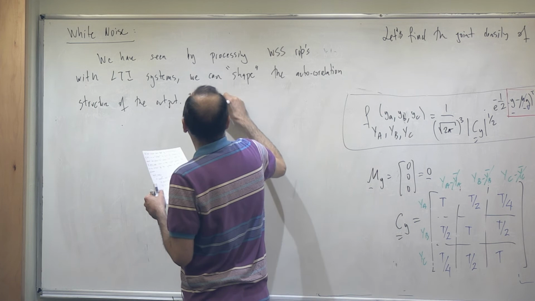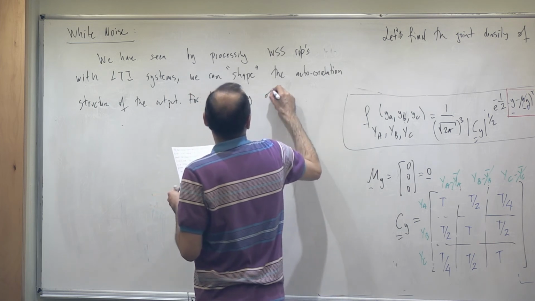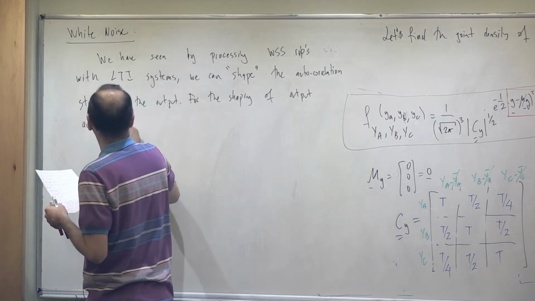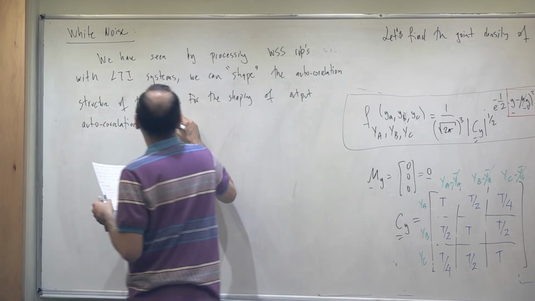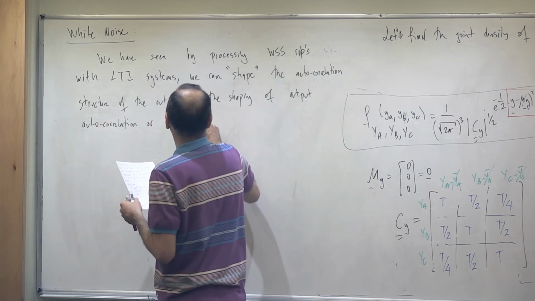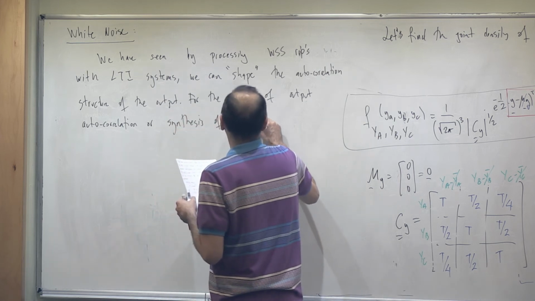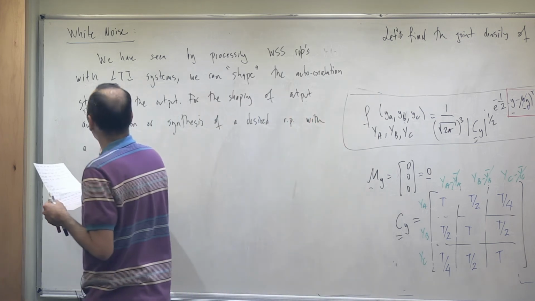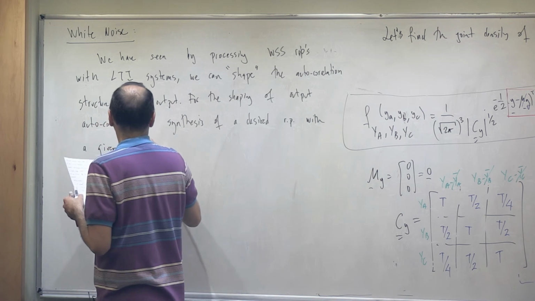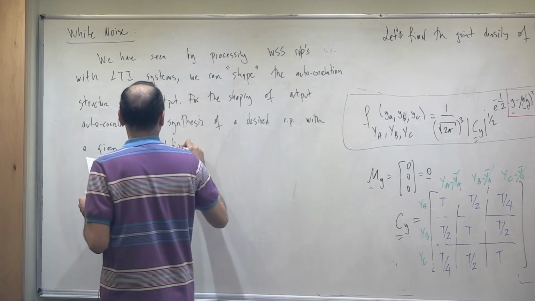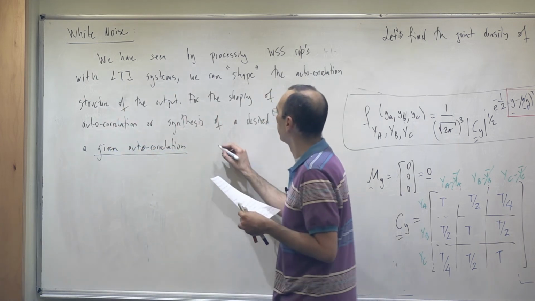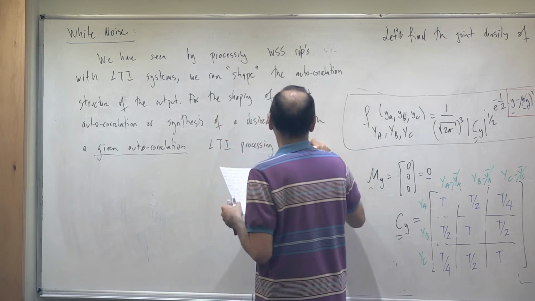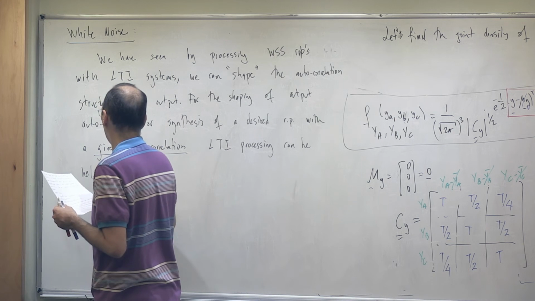For the shaping of output autocorrelation, or synthesis of a desired random process with a given autocorrelation, for a given desired autocorrelation, LTI processing can be helpful and practical.